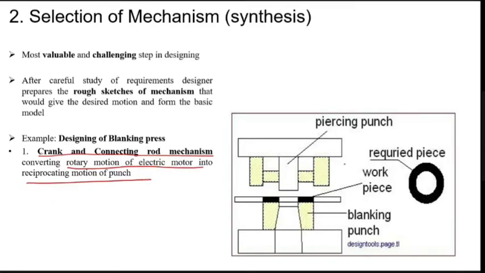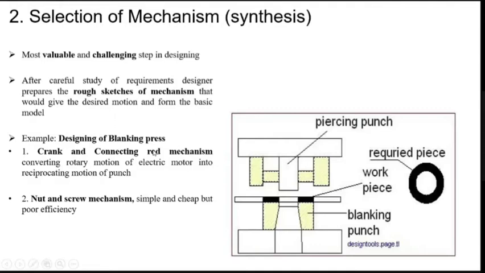Once this punch reciprocates, obviously it will have the required impact on this workpiece, and this workpiece will get connected with this blanking punch, and you will get this required piece, right? So to get this required piece, you should have some motion. That motion is provided by the crank and connecting rod.